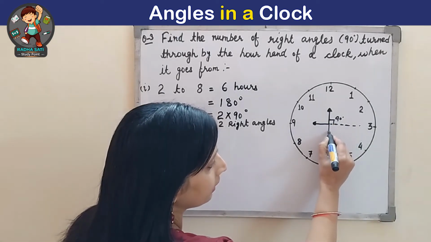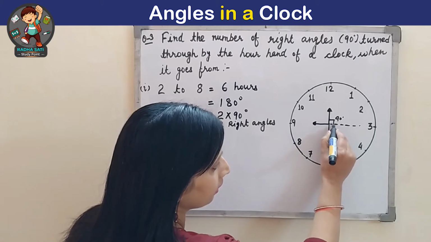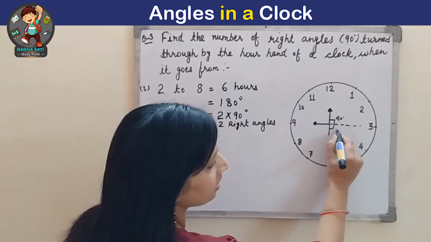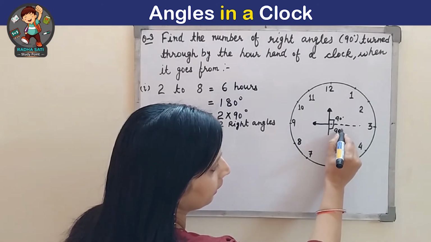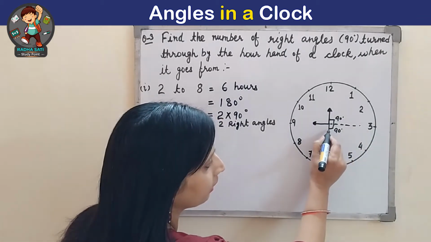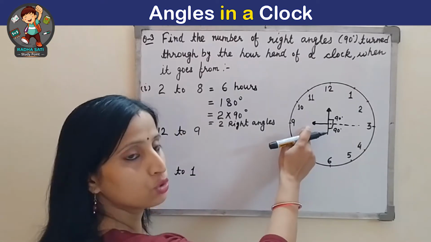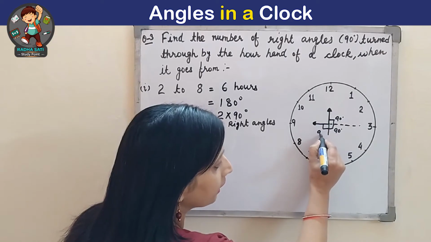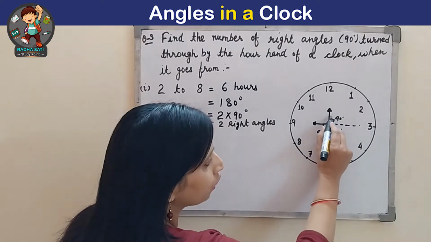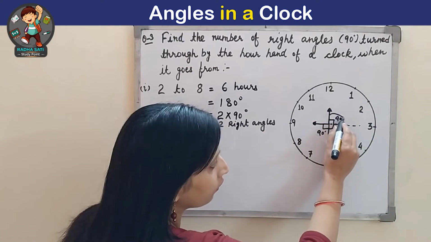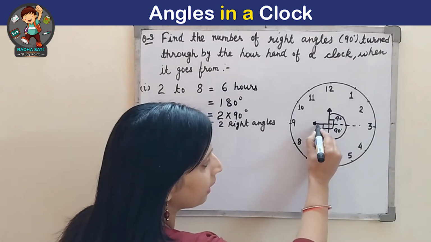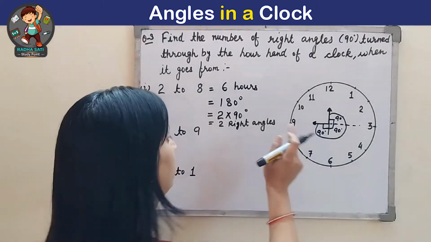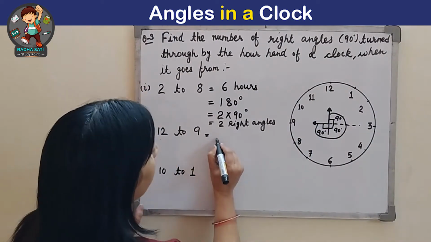Then in 6 hours it will make another right angle, or this will be our straight angle. So 90, then this one is 90. Then again from 6 to 9, it will cover one more 90 degree angle. So in total, it will make an angle of 90 plus 90 plus 90, that is 270 degree. So from 12 to 9, 9 hours.